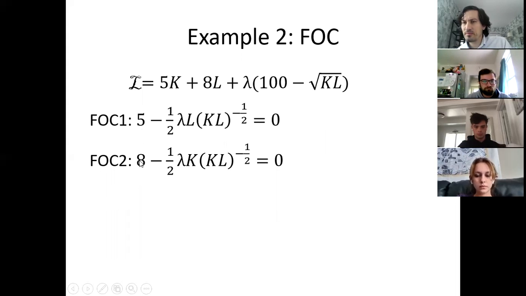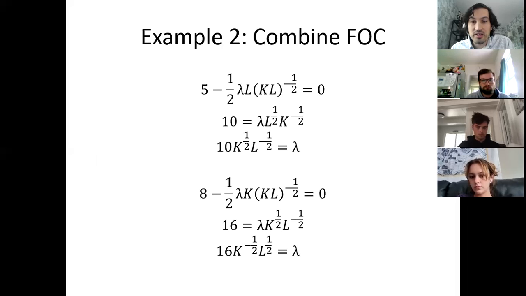I think the best thing to do here maybe is to set yourself up to eliminate lambda. That's what I always do in a problem like this. Get rid of lambda. If you can do that, you're making progress toward finding a solution for sure. So let's try to do that.